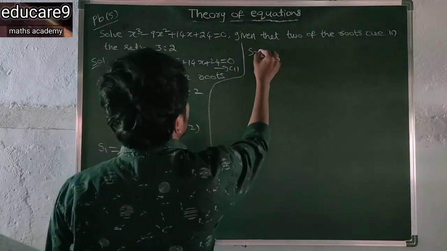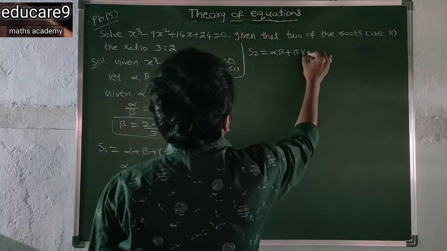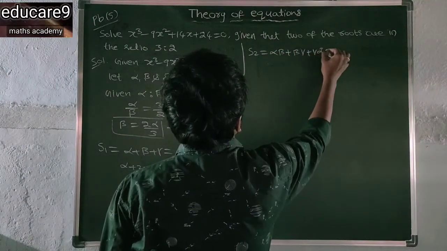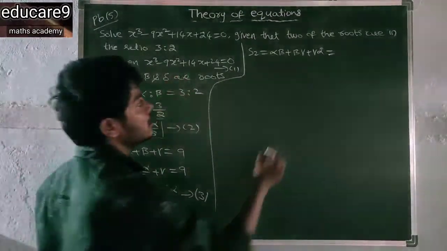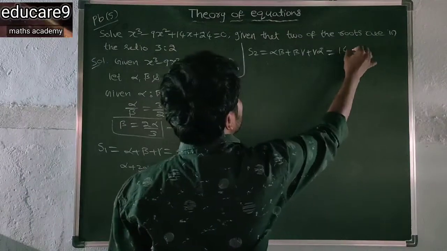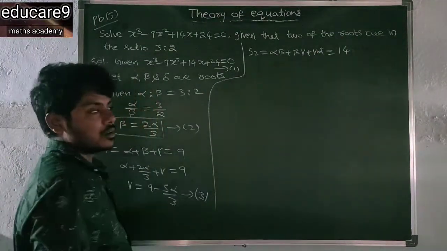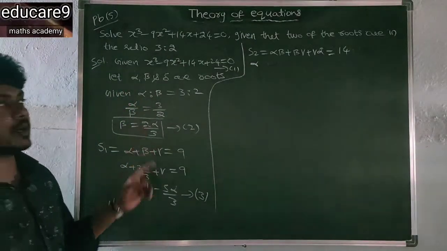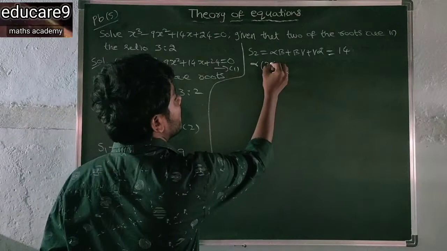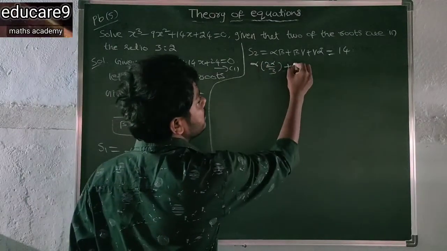So what is S2? Alpha beta plus beta gamma plus gamma alpha. That is A2 by A0. That is 14. So that is alpha into beta value. Beta value is what? 2 alpha by 3. Here gamma is common.